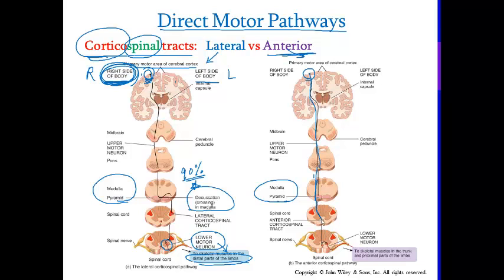It reaches the spinal cord through what we call the anterior corticospinal tract. So not on the side, but in the front. Eventually, it meets its lower motor neuron and innervates skeletal muscle of the more proximal parts of the limbs. So hopefully you can see the differences between these two and you see some similarity as well.